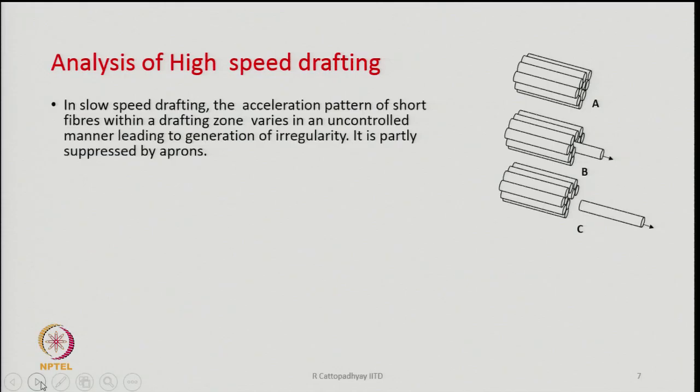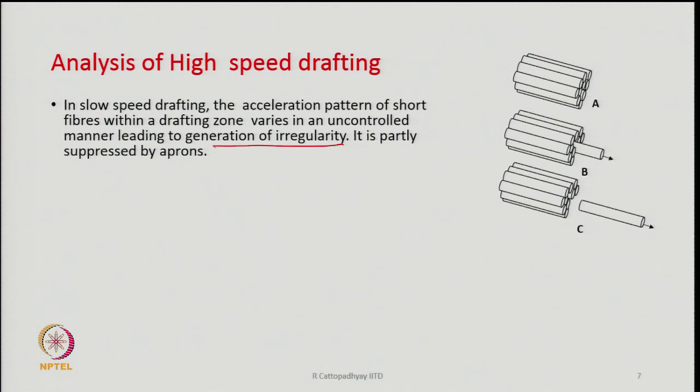In slow speed drafting, the acceleration pattern of short fibers within a drafting zone varies in an uncontrolled manner. That is, the acceleration pattern is changing continuously, and there is no control on that, and that leads to generation of irregularity. It is partly suppressed by aprons.